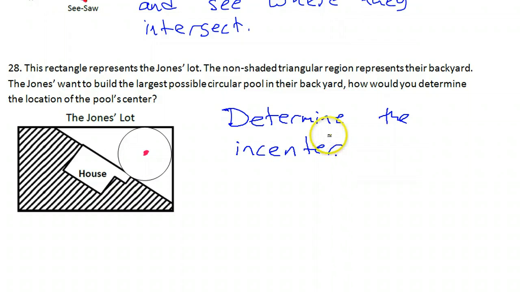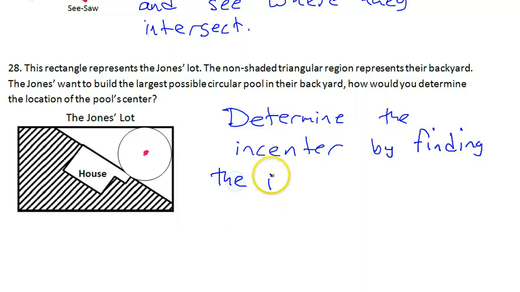It's the in-center, and you could find that by finding the intersection of angle bisectors. So determine the in-center by finding the intersection of angle bisectors.